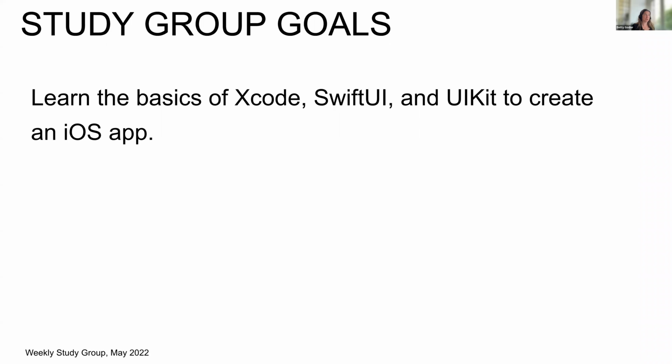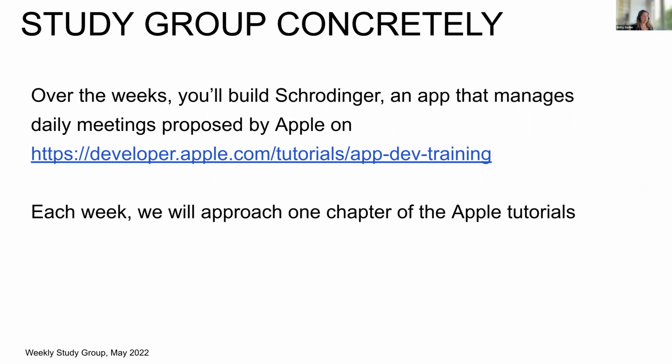The goal of this study group is to learn the basics of Xcode, SwiftUI, and UIKit. And precisely, it's SwiftUI for this session. The way we are learning is by building an application from scratch, called Schrödinger. This application manages daily meetings, so it's also useful for your Scrum party.